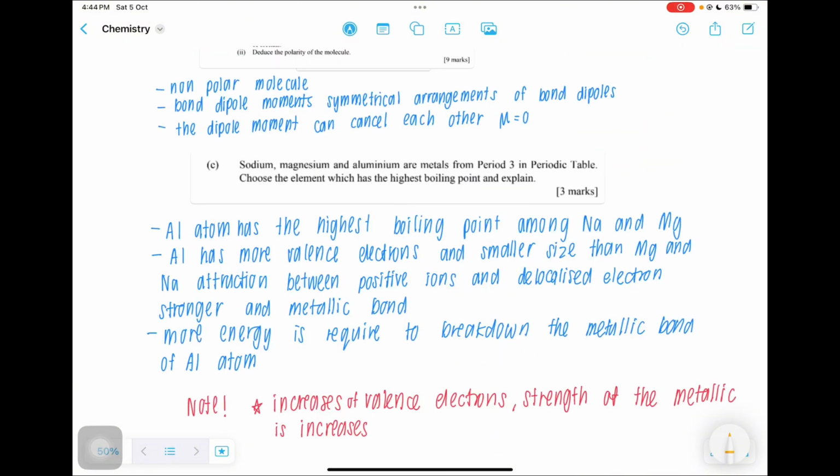And then for the next question, deduce the polarity of the molecule.